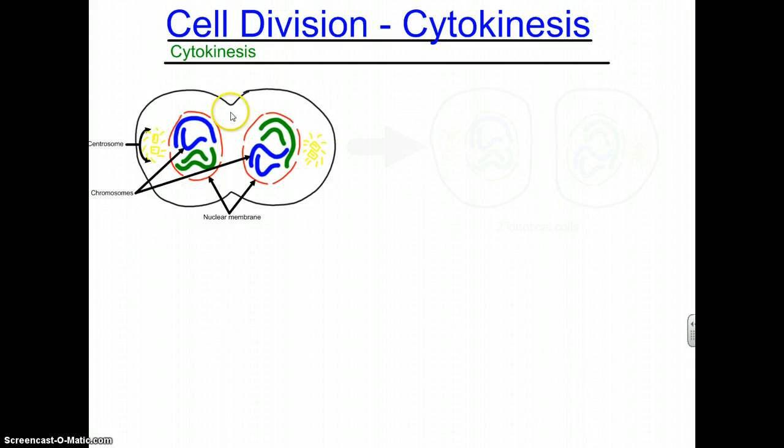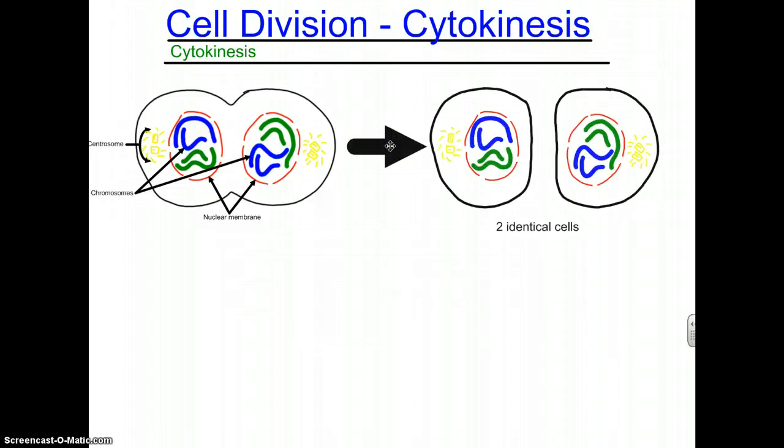Cytokinesis, notice this looks very similar to what stage? Telophase. Because it is telophase. But from telophase, we go into cytokinesis. The end result of mitosis and cytokinesis are two genetically identical cells in place of the original cell. Two things are different.